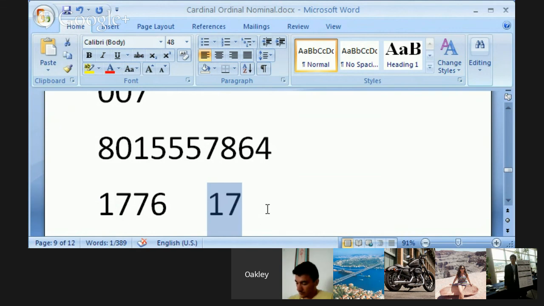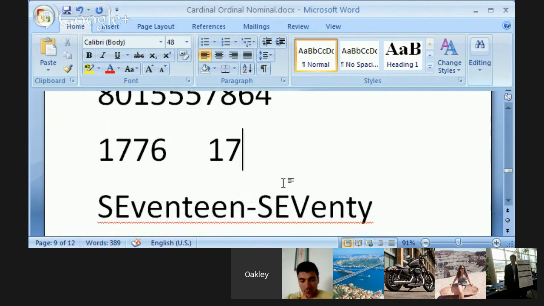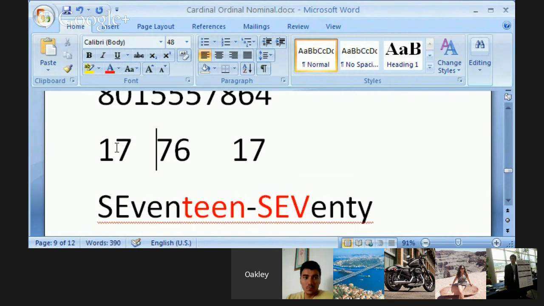Now, this leads to a problem because, as I said, when we say 1776, the stress would be here in 17, and then here in the next part, because we always divide up the date into the first two numbers and then the second two numbers.